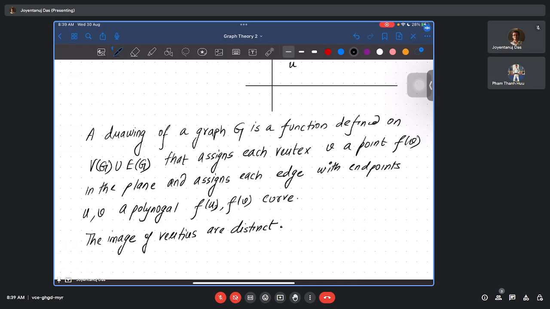And suppose e is an edge and e prime is also an edge. Then f(e) intersection f(e prime) that is not a common endpoint is a crossing.